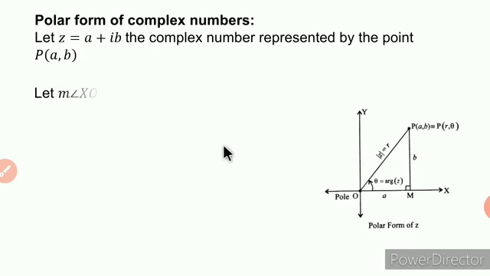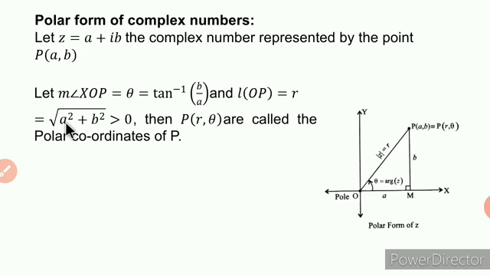Now here the measure of angle XOP is theta, which is the argument of z, so it is tan inverse of b upon a. And OP is the distance of point P from the origin, therefore OP is equal to modulus z, meaning r. It is equal to square root of a square plus b square, and which is greater than 0.